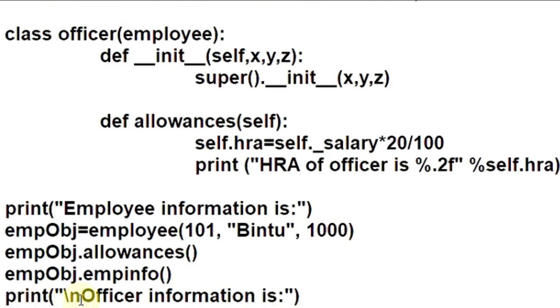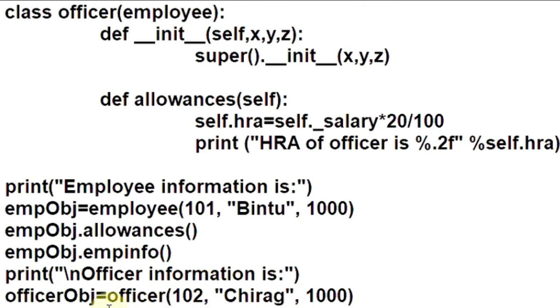On the screen you get a message, officer information is. You are making an object officer obj of the officer class. This 102, Chirag and 1000 will be passed as arguments. So these 3 things will be assigned to these parameters x, y, z of this parameterized constructor of the officer class. In this parameterized constructor of the officer class, you are invoking the parameterized constructor of the superclass. Employee is a superclass of the officer class.